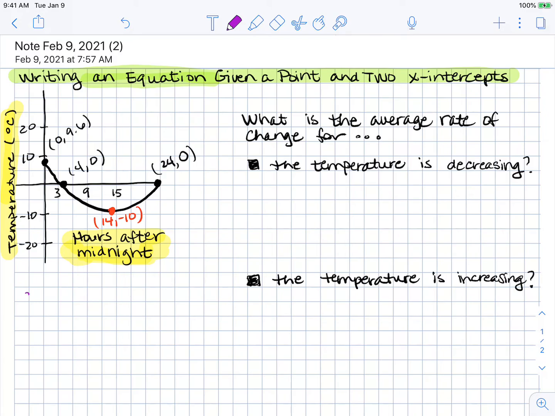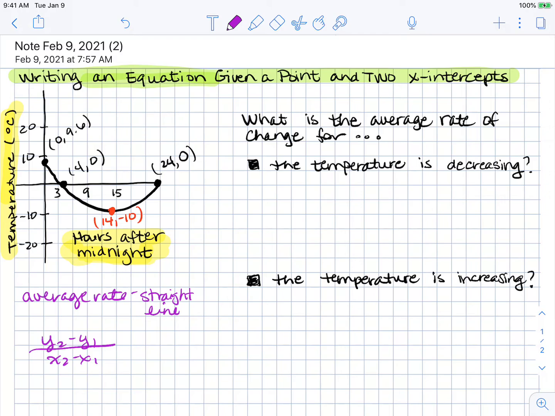So this average rate of change, average rate, is really a straight line. Okay, so that's going to be my y2 minus y1 over x2 minus x1. It's going to be the slope of that line.